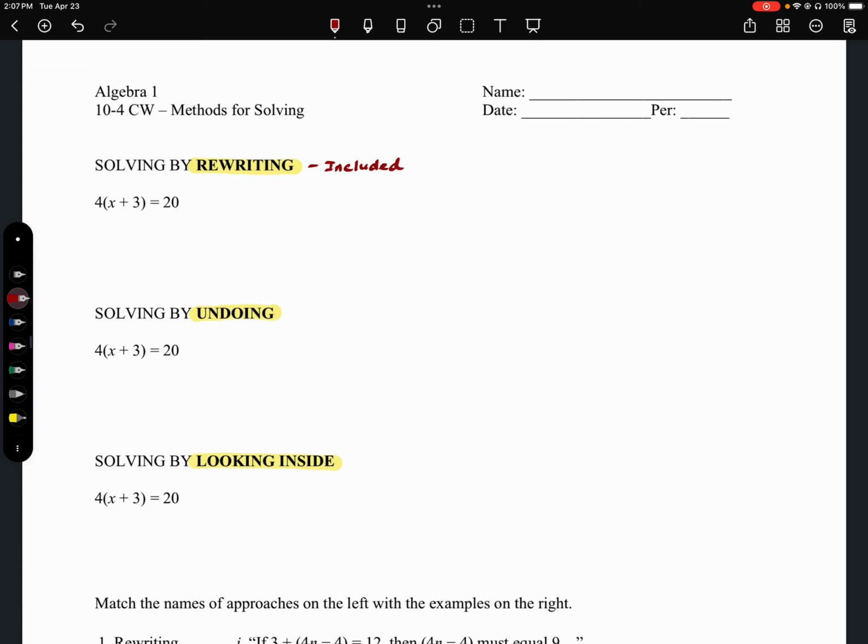So we're going to rewrite the equation. We're thinking about things like distributing. You may have to factor the equation to rewrite it. And this includes multiplying or dividing to get rid of fractions and decimals.